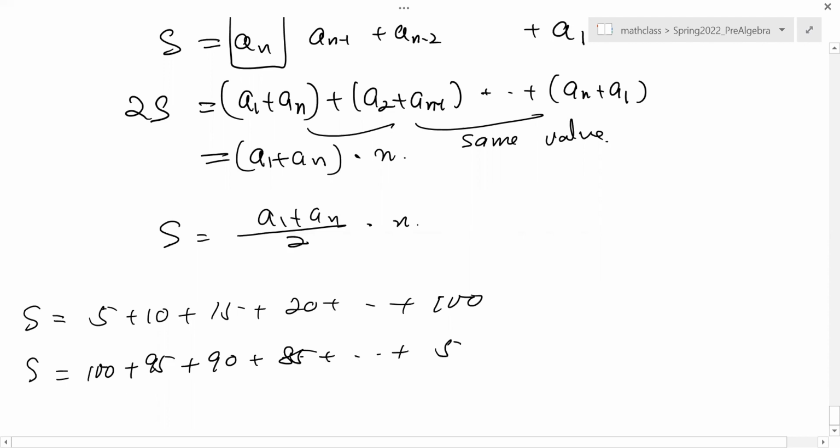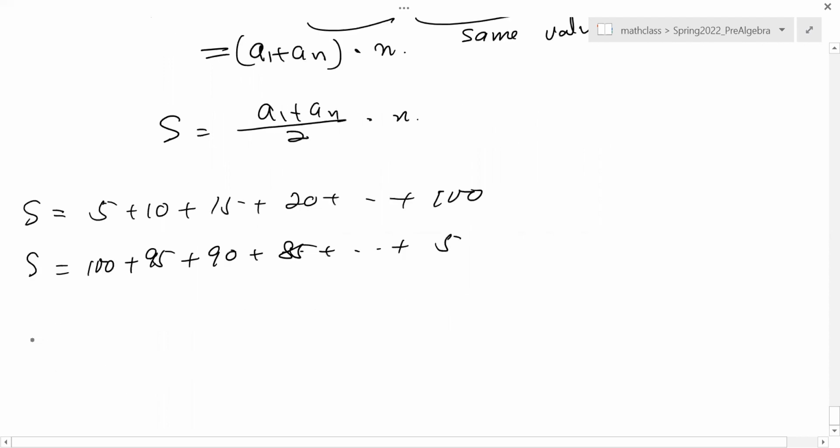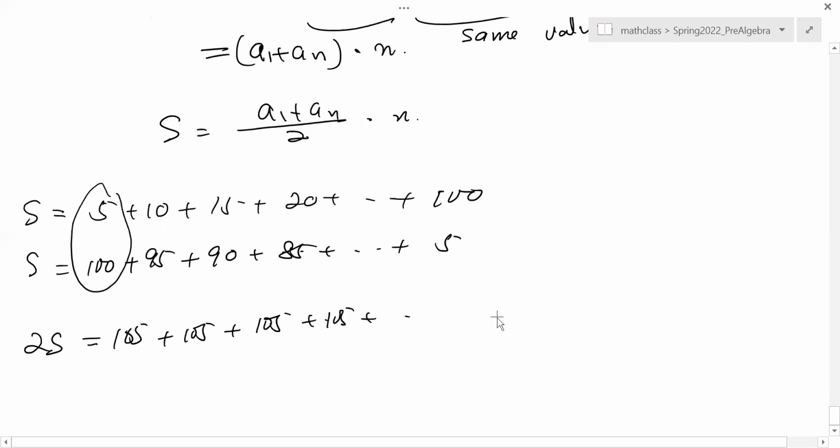So when you add them together, the left-hand side is twice S. On the right-hand side, vertically, you always get 105. 10 plus 95 is 105. 15 plus 90 is also 105, you see?